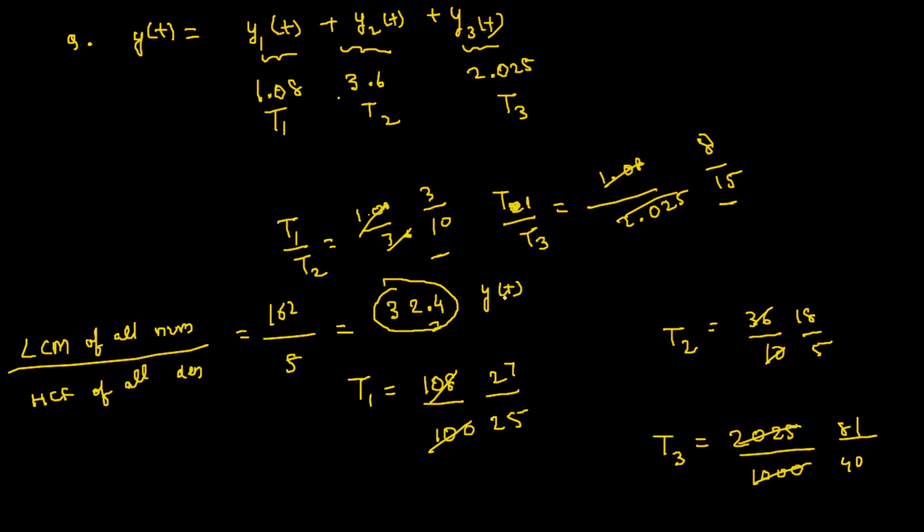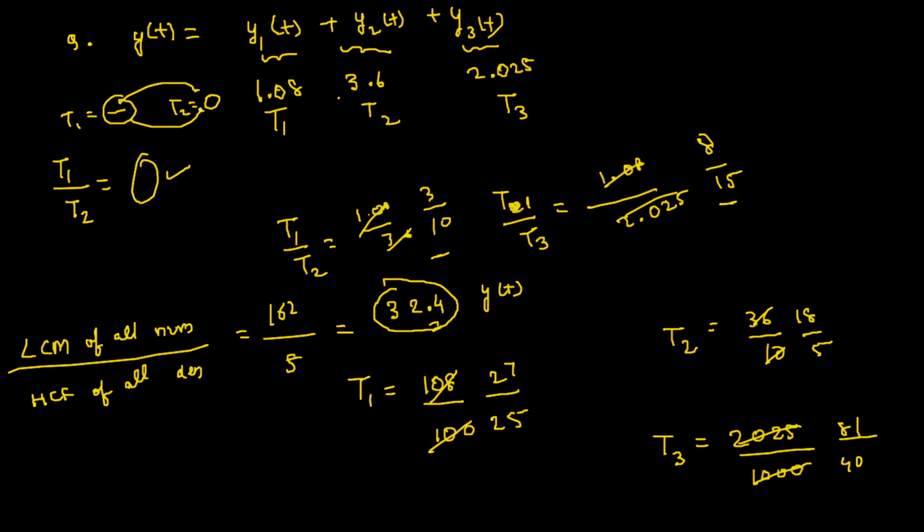So now this is for when it's expressed as a sum of three functions. If you have just two functions, you just need to find t1 by t2. If this is a rational number, you can say that it is definitely periodic. And then we need to write t1 in the simplest fractional form, t2 in the simplest fractional form, and then again LCM of numerators, HCF of denominators.